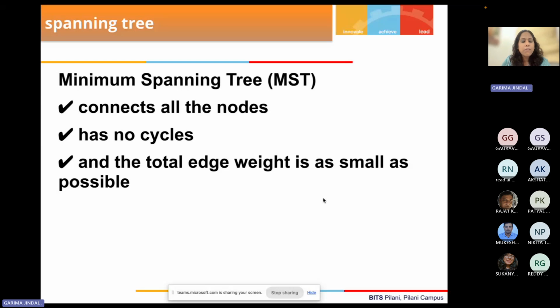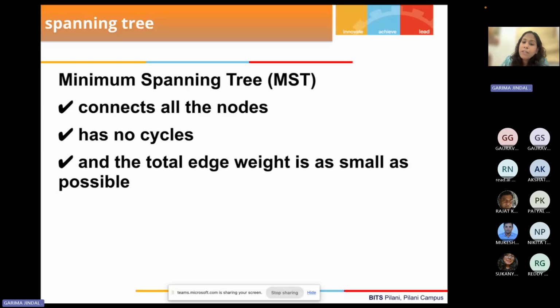So what is a minimum spanning tree? The minimum spanning tree is a subgraph in the graph. What is a subgraph? A subgraph is a part of the graph that connects all the nodes and has no cycles. Basically, we will have all the nodes, no cycles, and we will choose the edges such that all these nodes are connected.